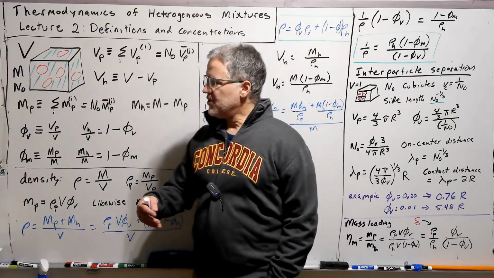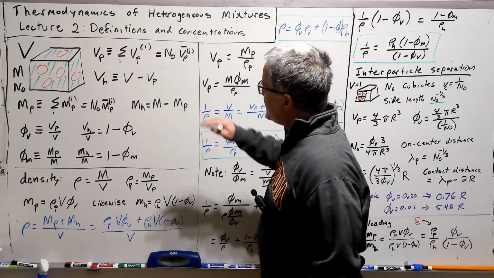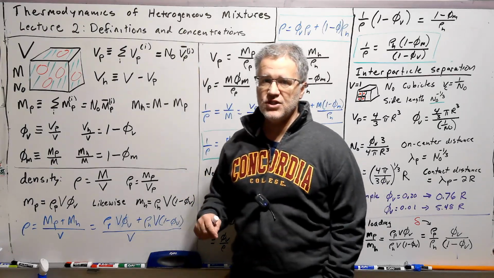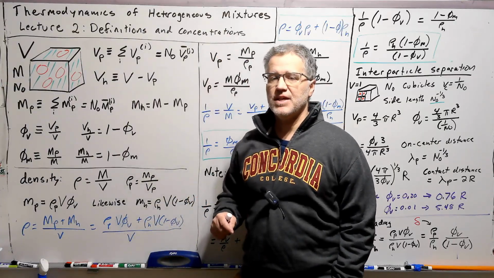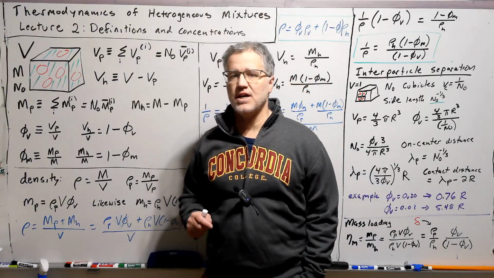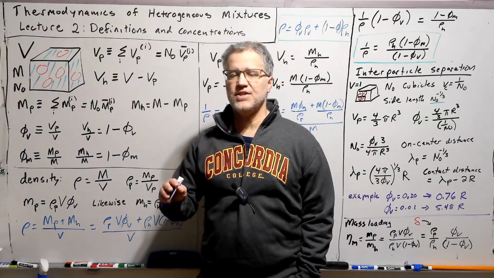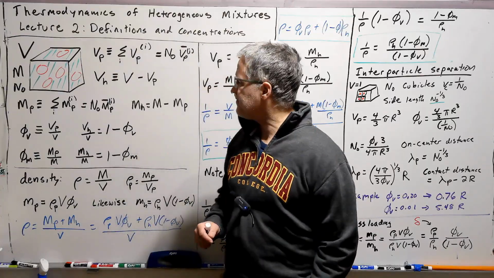And that includes suspensions and colloids. So let's start today with laying down some definitions and then getting a few important equations based on concentration and some key equations based on the relationship between the overall density of the system and the density of the individual components.